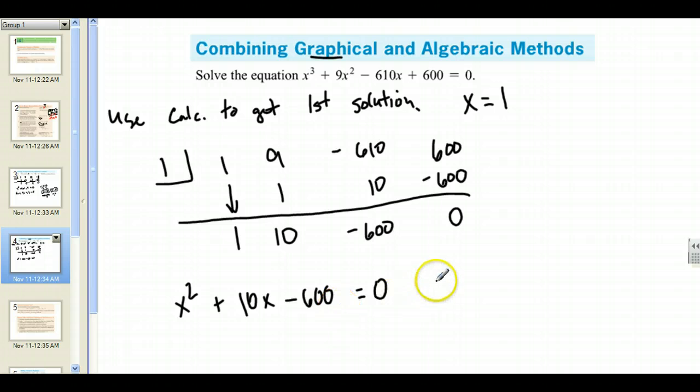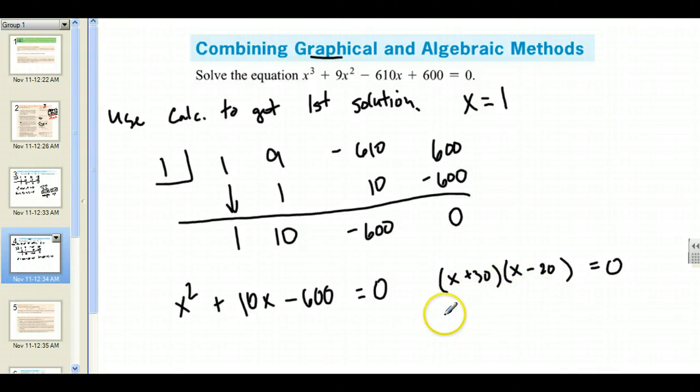This again is factorable, so we want two numbers that multiply to give me negative 600, and when I add them I get positive 10, and those two numbers are going to be 30 and negative 20. 30 plus negative 20 is 10. 30 times negative 20 is negative 600. So if this is set equal to 0, I get x is equal to negative 30. And if this is set equal to 0, I get x is equal to 20.